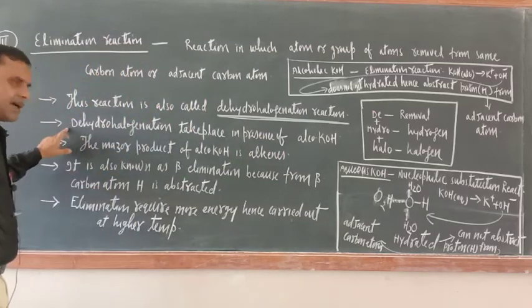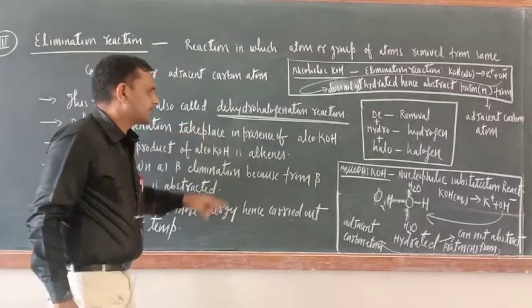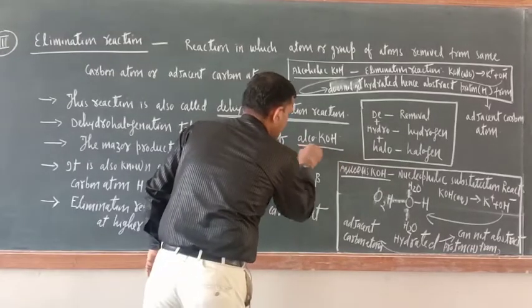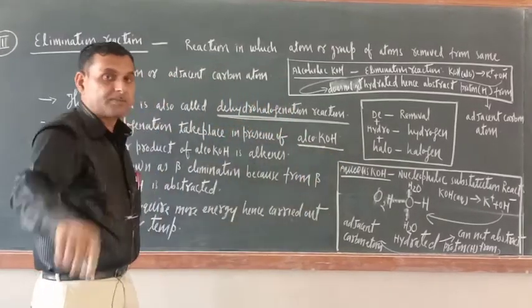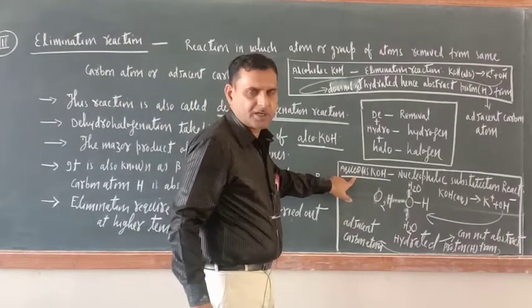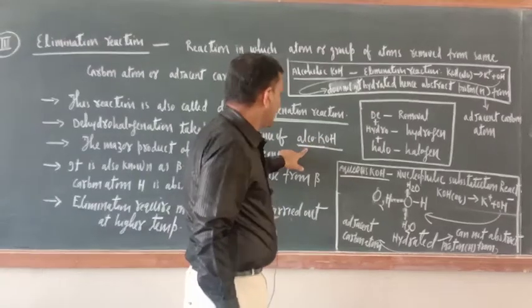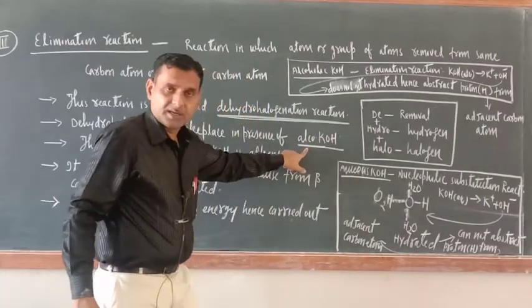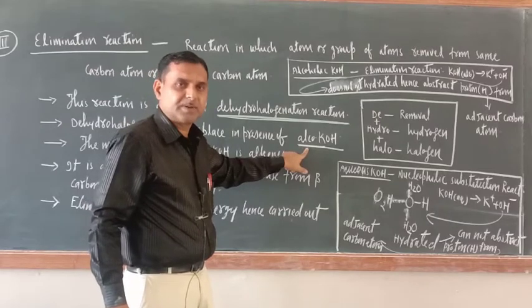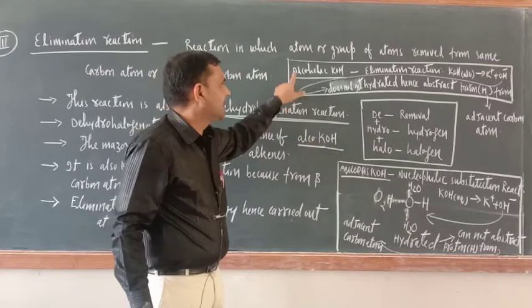Remember, each point is very important. Dehydrohalogenation takes place in presence of alcoholic KOH. Nucleophilic substitution reaction takes place in presence of aqueous KOH. I wrote here aqueous KOH, and this one, dehydrohalogenation, takes place in presence of alcoholic KOH.